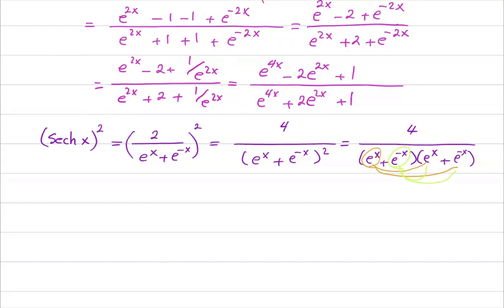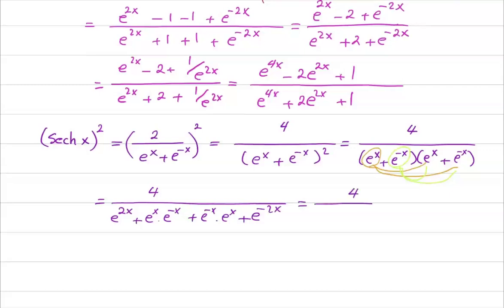So what do we get? This is equal to 4 divided by e to 2x plus e to x times e to minus x plus e to minus x times e to x plus e to the power minus 2x, which can be written as 4 divided by e to 2x.